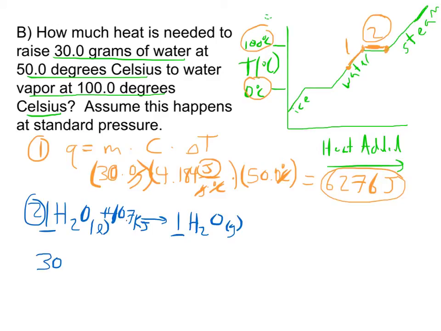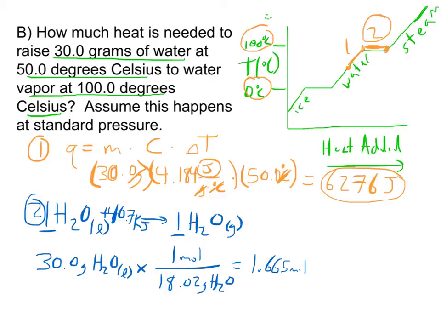We do know how many grams of water we're dealing with. So we're going to take the 30.0 grams of liquid water and figure out how many moles that is. You're going to use the molar mass of water. 18.02 grams is equal to 1 mole. You're going to divide by that and it'll give you 1.665 moles of water.